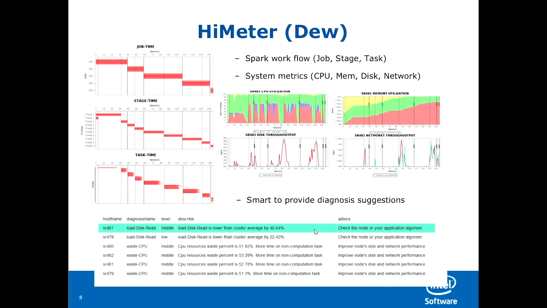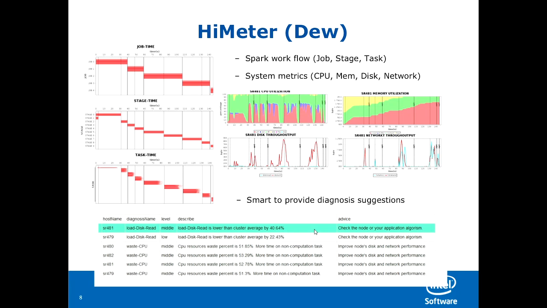This is a figure to show you what HiMeter can do. If you listened to Kate's talk just now, it's a little similar to what she's doing in Databricks Cloud. But we're actually providing a script and a GUI. You can deploy this into your cluster.